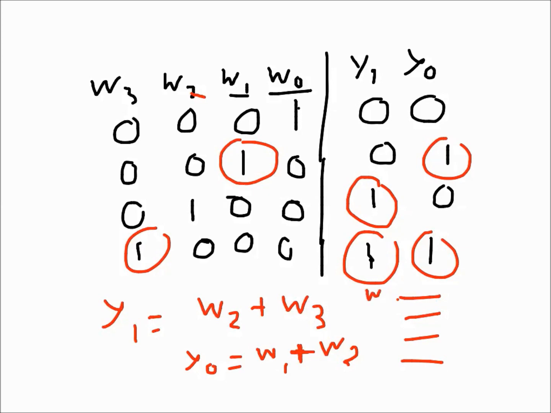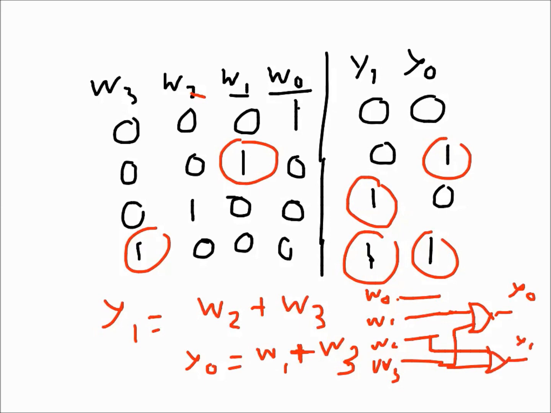So this is W0, 1, 2 and 3. W1 and W3 here are for Y0, and W2 and W3 are for Y1.